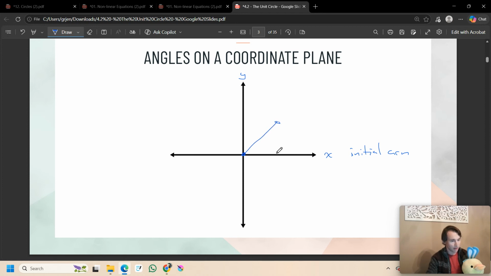So here we go. There's my angle in standard position. That's the positive direction. This is the terminal arm. And if I went in this direction, that would be the terminal arm still.